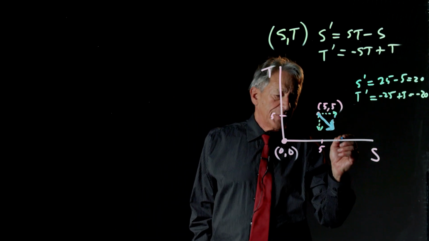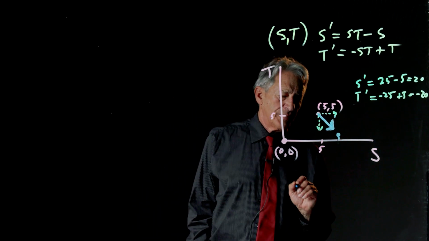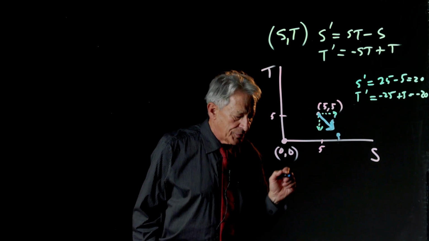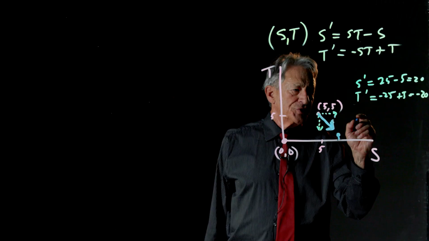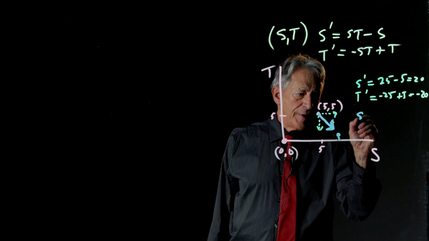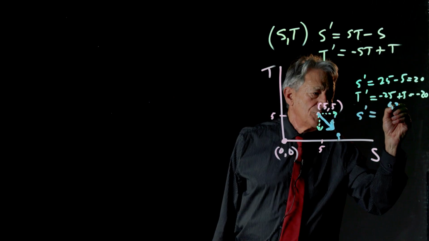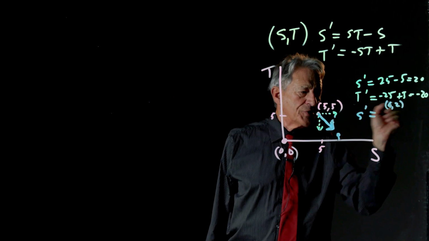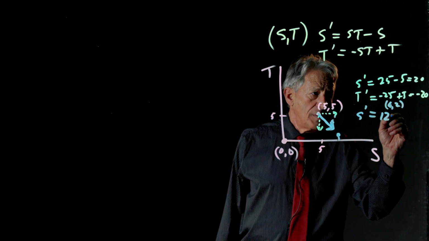Let's take another point. Let's take the point 6, 2, right there. So at the point 6, 2, what is the change vector? The change vector is S prime. So what do we have here? We have 6, 2. So S equals 6, T equals 2. ST is 12.